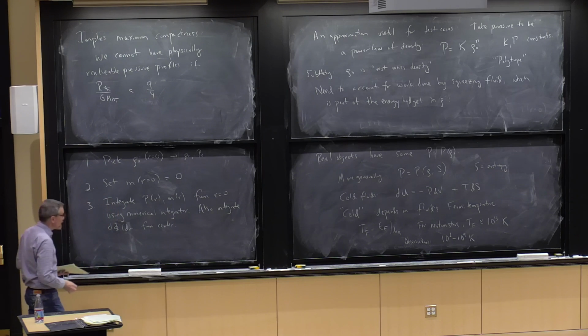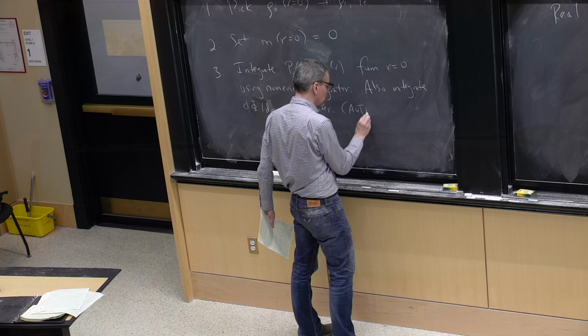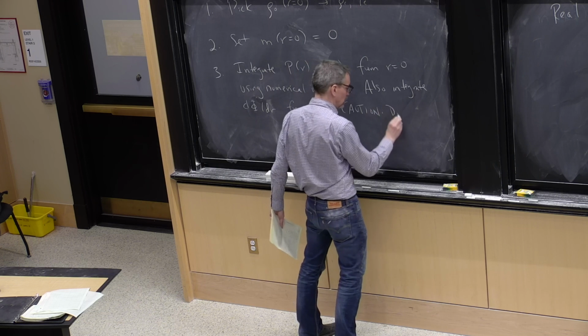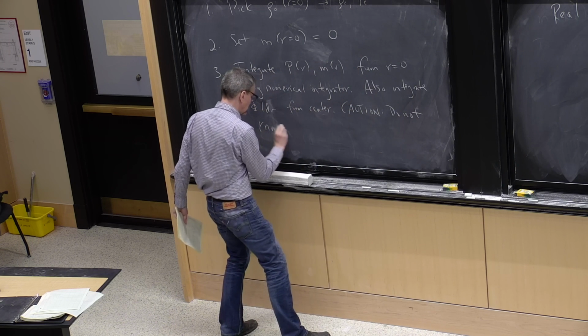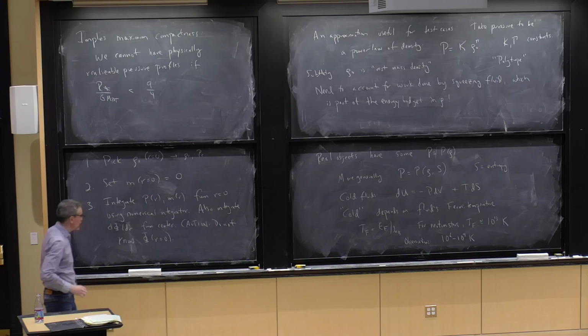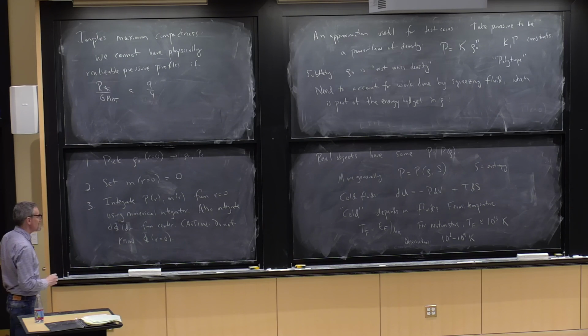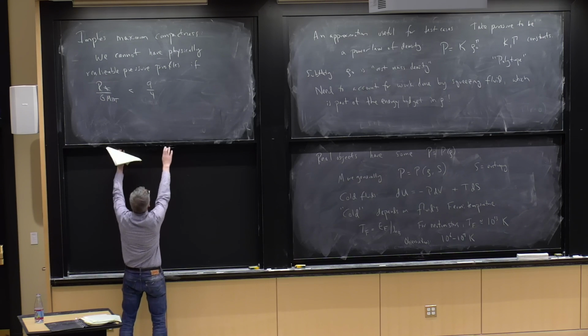So a caution is that you do not know phi at r equals 0. So what you should do is just temporarily set it equal to 0. And what you're going to be doing then when you integrate this up is you will calculate the delta phi that describes your model from the center to the surface. Which brings me to step 4.